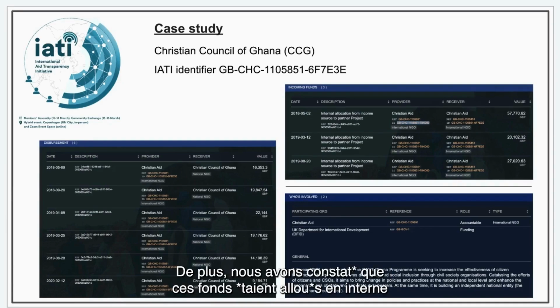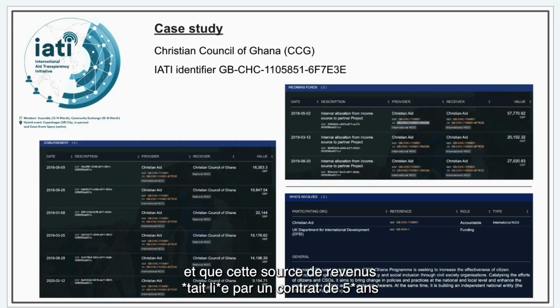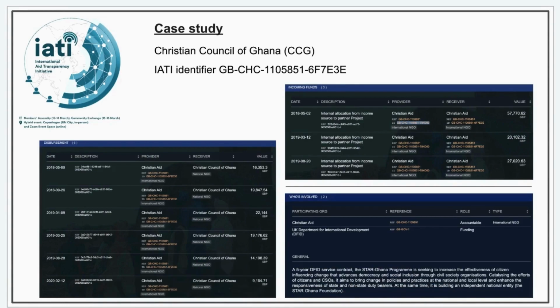Number two, that this money was internally allocated from a Christian Aid income source. And then number three, that income source was a 5-year contract with the UK Department for International Development, which was the main governmental body in the UK responsible for UK aid.